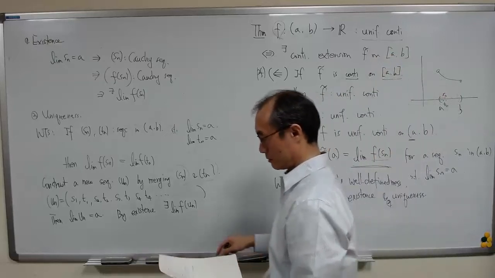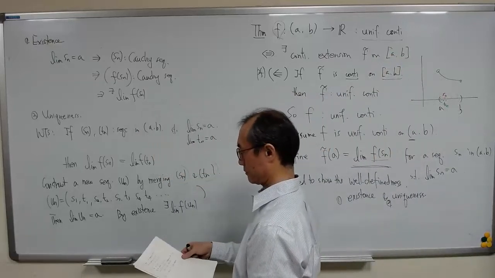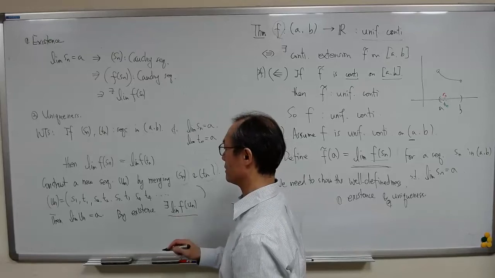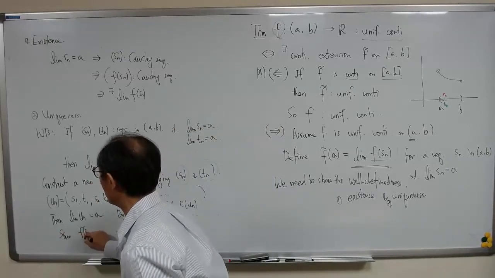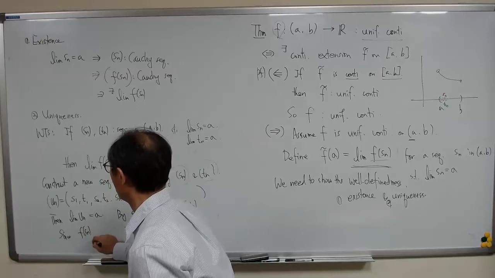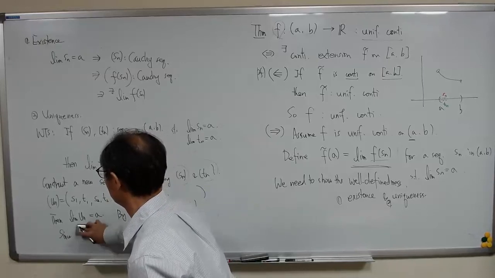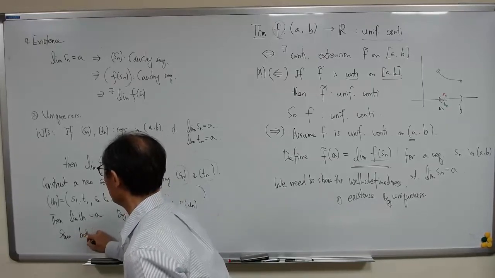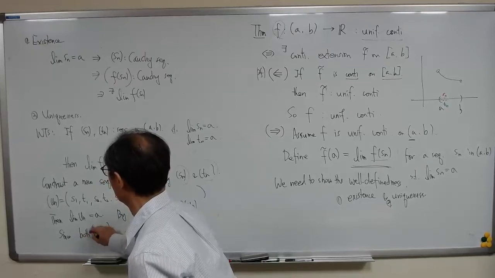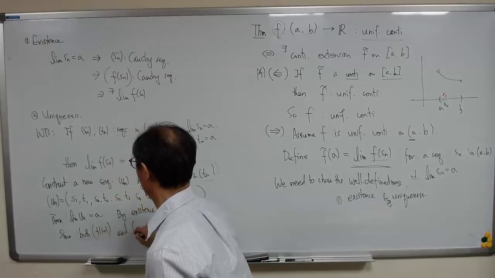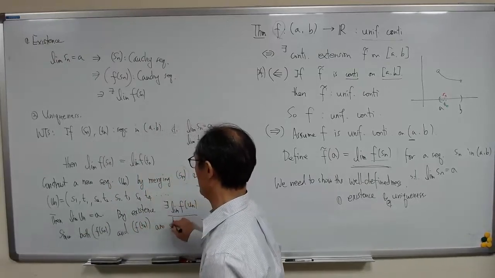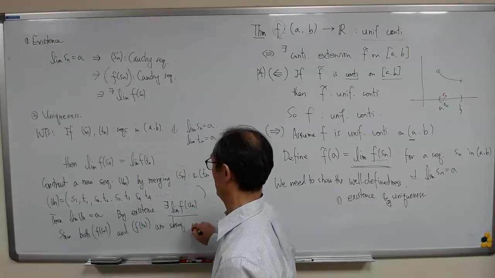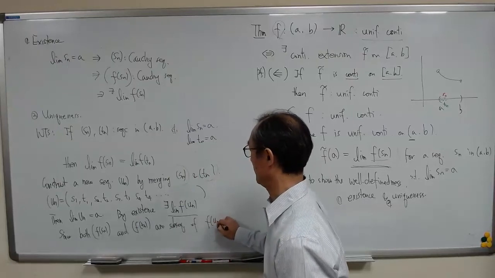Okay, so this limit converges, and both f of Sn and f of Tn are subsequences of f of Un.